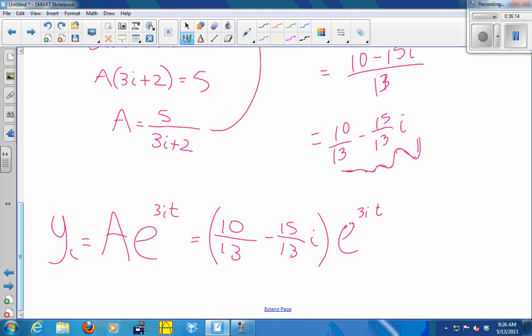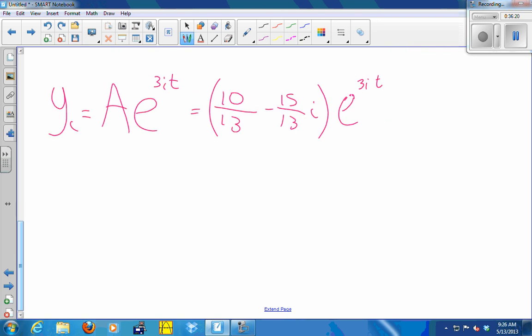So there's my complex solution, the solution to the complexified equation. Now I'm going to decomplexify it, right? Write it in terms of sines and cosines, grab the real part, which is the cosine.